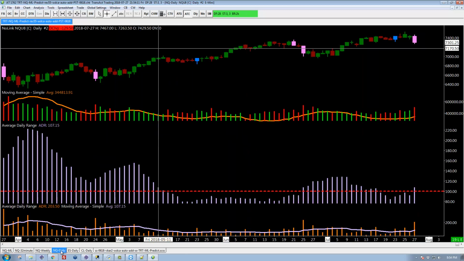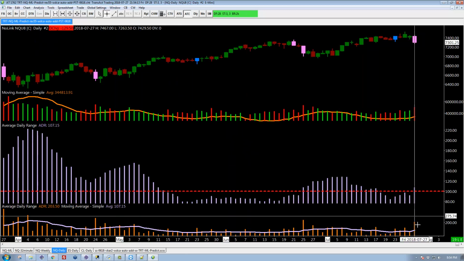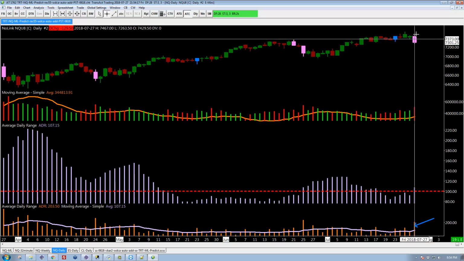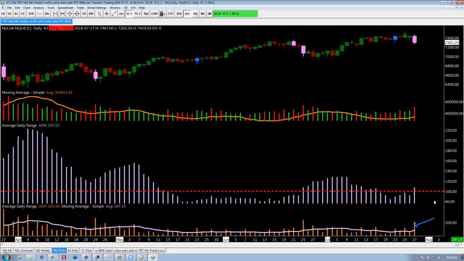When we look at the daily chart now, the volatility today was very high. The range was really high, is what I should say. And so that puts the average daily range above the threshold, meaning as we come into the market next week, we'll be using the model built for volatility.